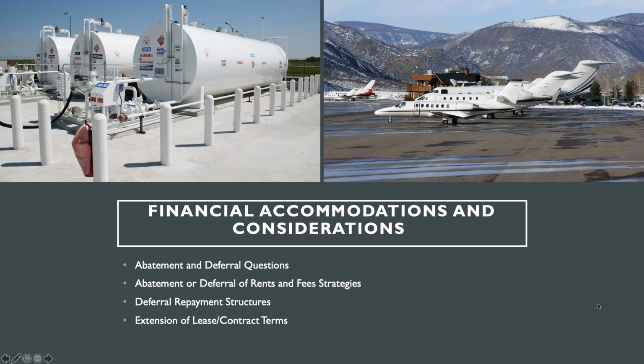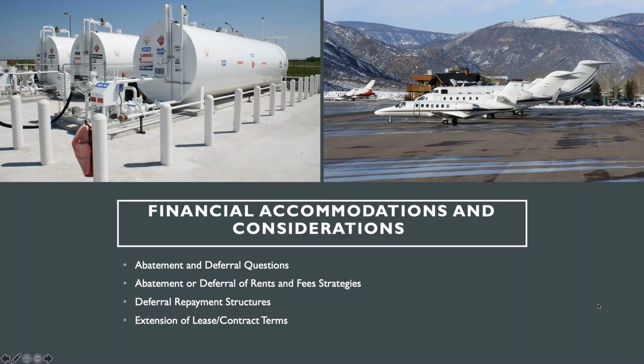Keep in mind that what the airport does, and this is guidance from the FAA, to be compliant with their airport grant assurances, what they do for you has to be considered in what they do for other tenants of the airport. But what they do for you doesn't have to be done exactly the same for other tenants. The structure can be different.